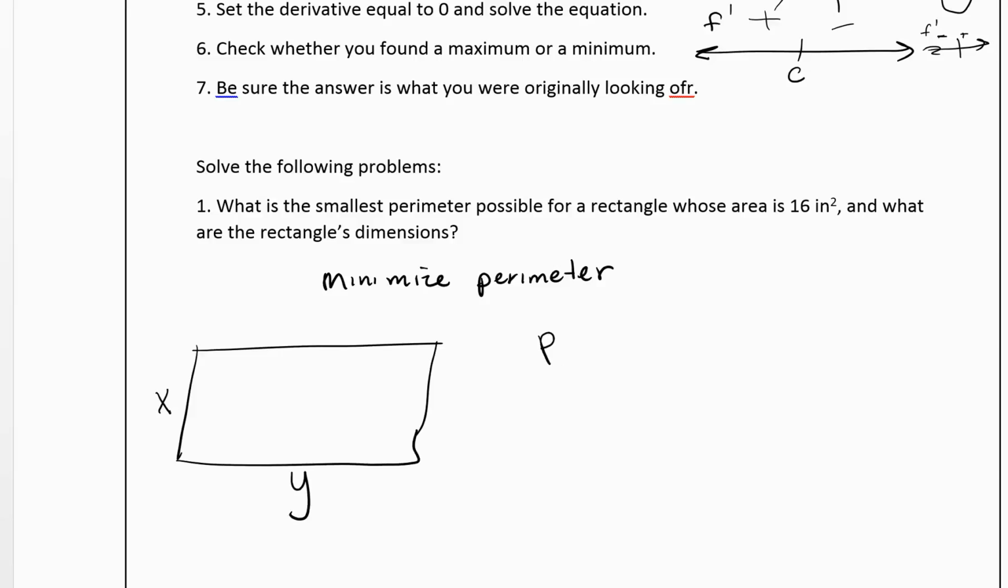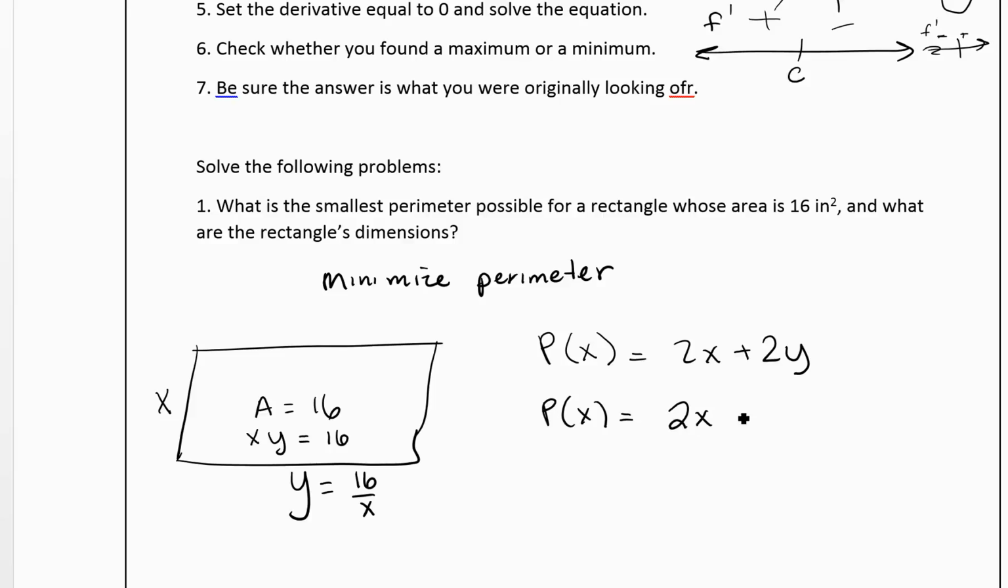Then our perimeter would be 2x plus 2y, but we need to get this in terms of one variable. Now we're told that the area is 16. That means x times y is equal to 16. So if we solve for y, y would be 16 over x. So our perimeter is 2x plus 2 times 16 over x, which would be 32 over x.